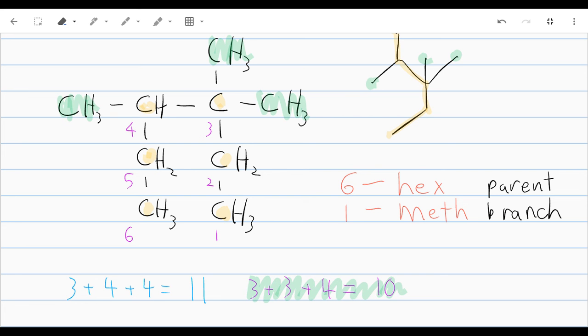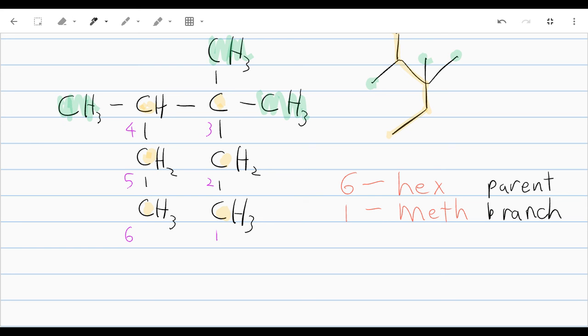So now we have all the information that we need in order to name this compound. First thing we are going to do is name off all of those different branches. Now, nice thing is all of them are methyl branches. So we can build off of that.